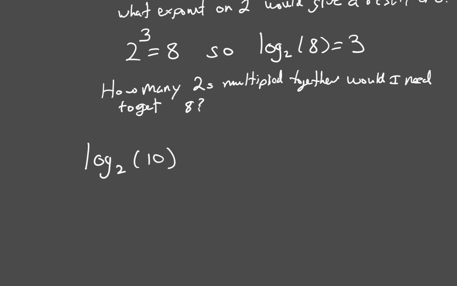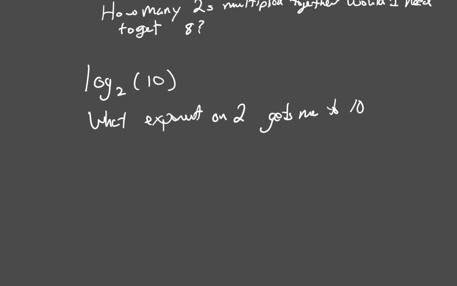But when you ask how many, you get some semantics going on that maybe wouldn't work quite right. But if you ask what exponent on 2 gets me to 10, then you could put some number in there, like 3.1 or whatever it is. I don't know what it is off the top of my head; I have to use a calculator.